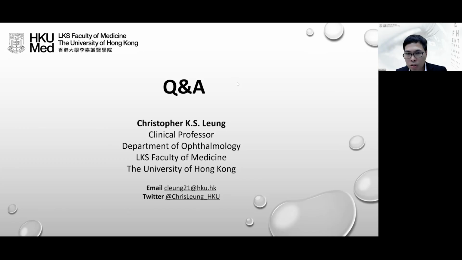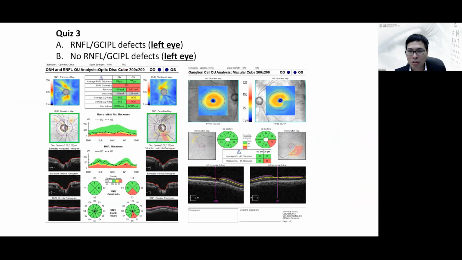Question number 2: considering the fact that there's no normative data for OCT in those younger than 18, can we make a diagnosis of glaucoma using OCT in younger individuals? We do not make a diagnosis of glaucoma using OCT alone. Now imagine, as I said before, if you just look at OCT without studying the optic disc, here is an example I just showed to you earlier.